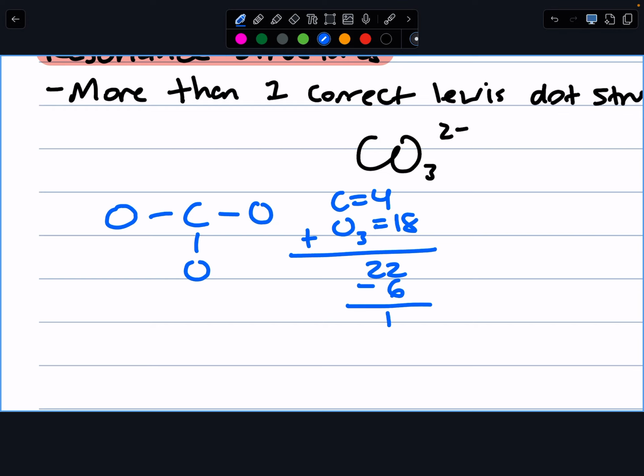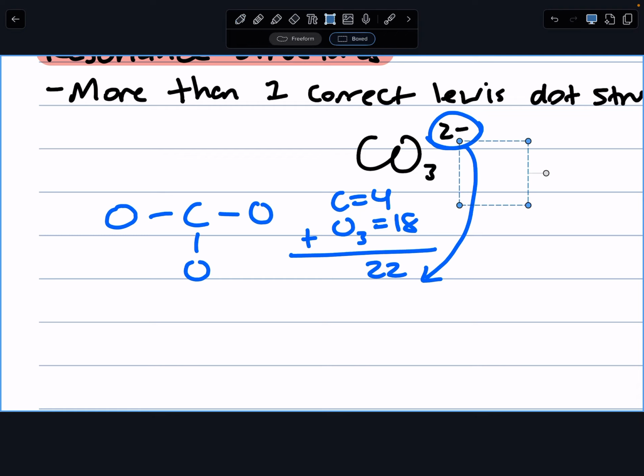16, yes. Where do I put these 16 electrons? Around the oxygens. Wait, sorry, I went too fast. That's my total. I'm forgetting I have a charge here. So what does a negative charge mean? That you have an added electron. You're gaining electrons.